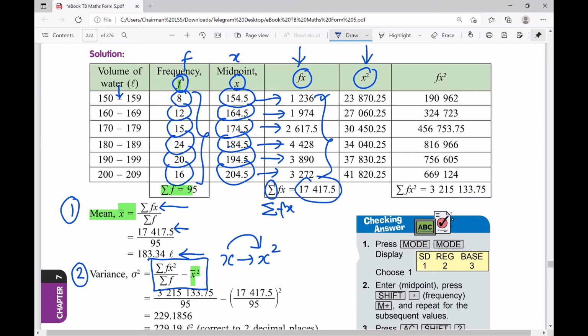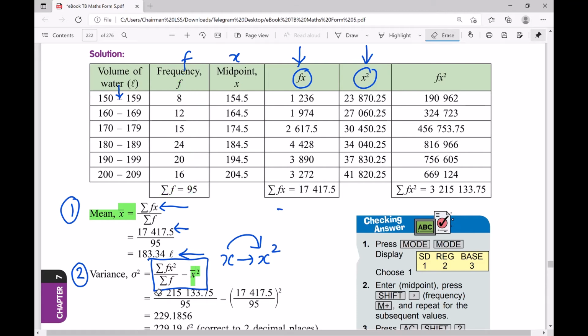X square you get from your x here. Your x, when you square it, it becomes this one. Another x, when you square it, becomes this one. And finally, this one is done. You don't have to total because the formula doesn't need to total your x square. You will total it when you have times it with your frequency.